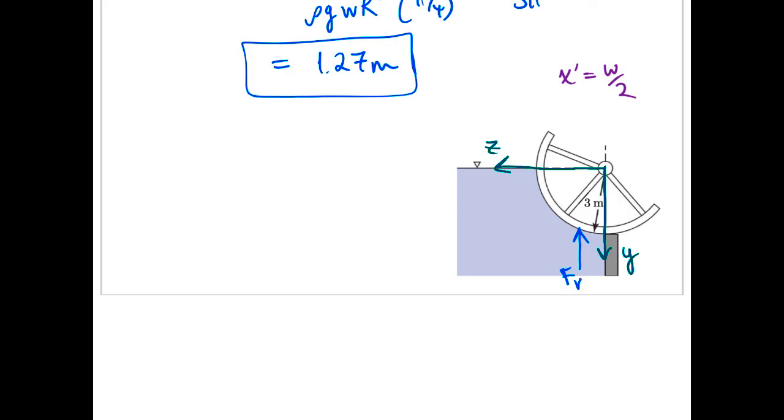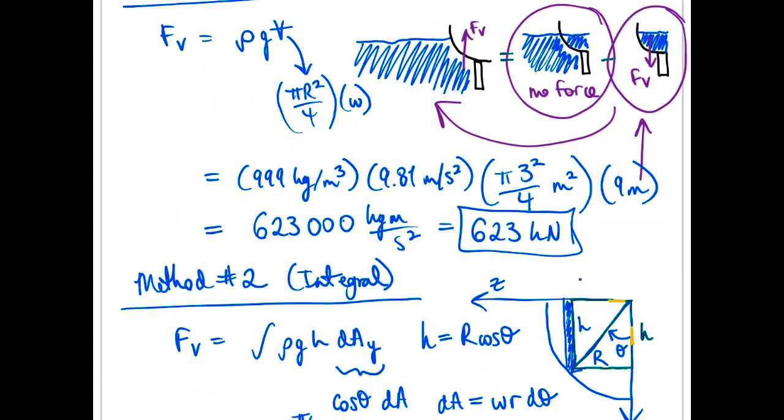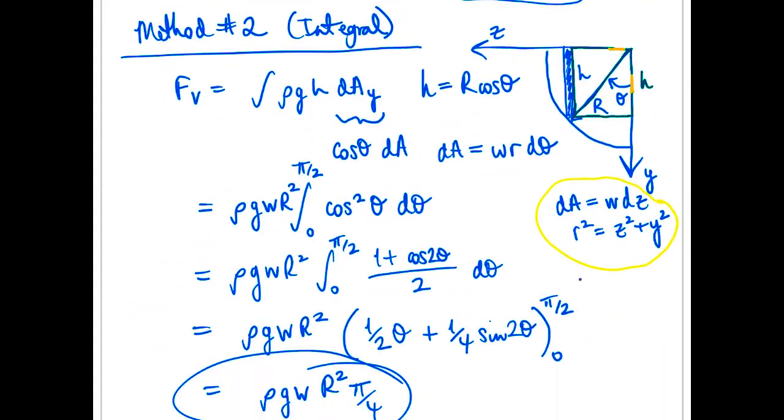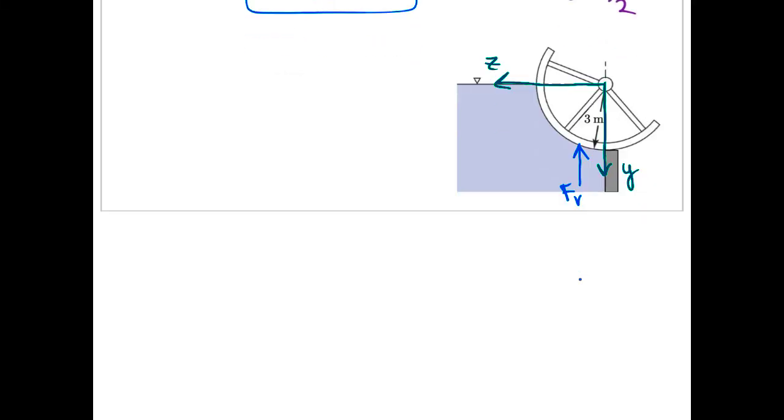Now I need to scroll up and remind myself where the horizontal force was. Okay, 397 kilonewtons and 2.0 meters. So the coordinate axes are there. 2.0 meters now is going to be a little farther down below the halfway point.